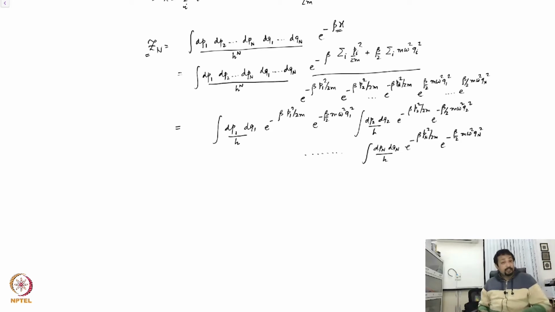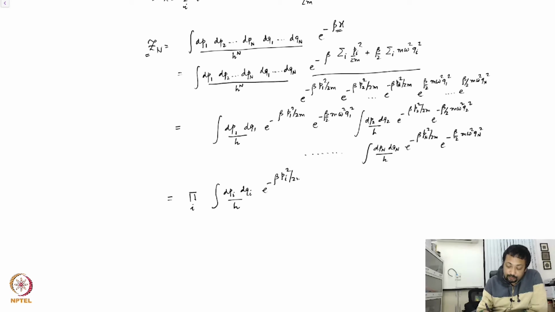I want to compactify my notation, so I will write this as a product over i of dp_i dq_i over h e to the power minus beta p_i squared over 2m, and then minus beta by 2 m omega squared q_i squared.